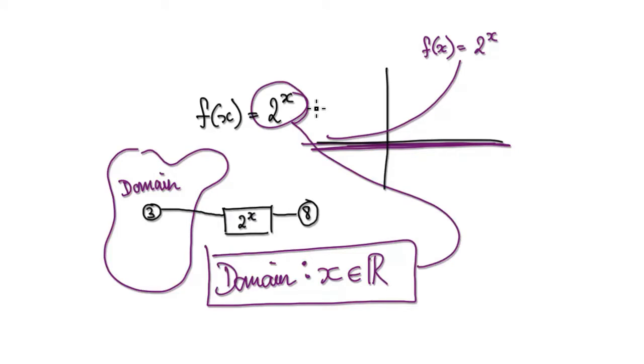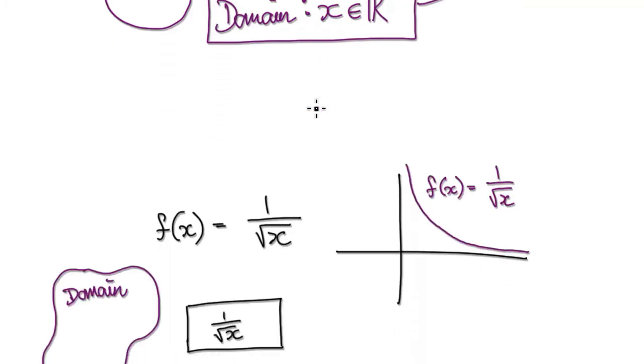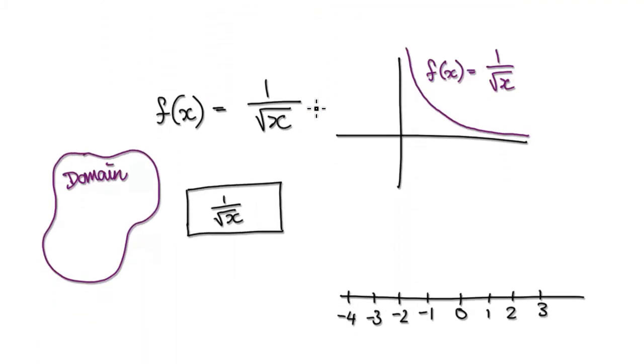So another example. Take my word that this graph looks like this. When you put, let's say, the number 9 into the machine, the square root of 9 would be 3. 1 divided by 3 would be a third. So we spit out the number 1 over 3. That's okay. The number 9 is okay.